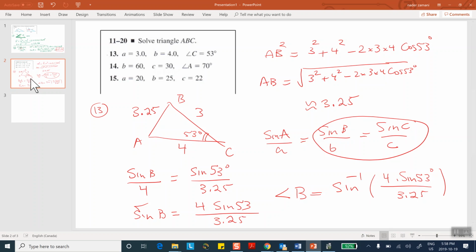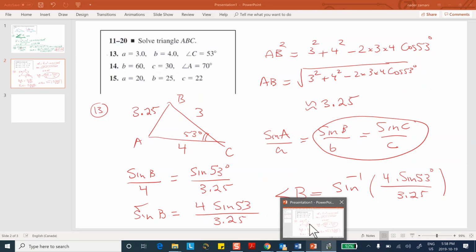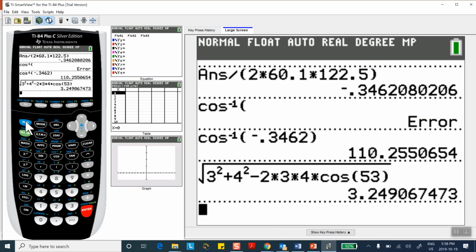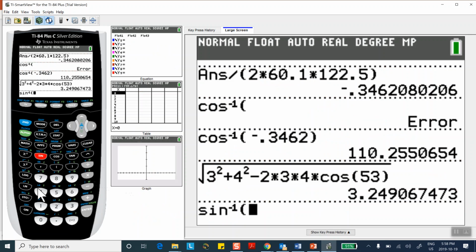Go ahead and put this in our calculator. So we have sine inverse, second function, sine inverse of 4 times sine of 53 degrees, close the parentheses, divided by 3.25.